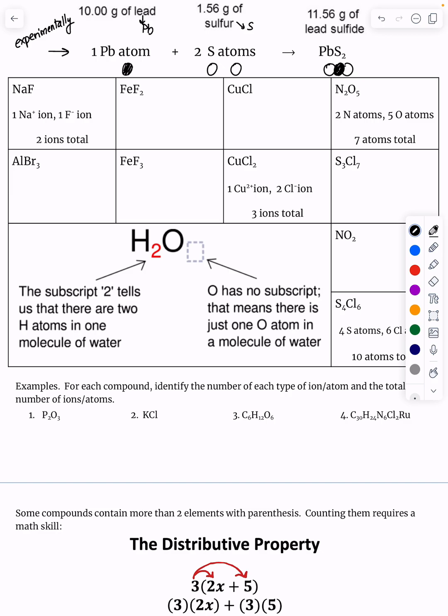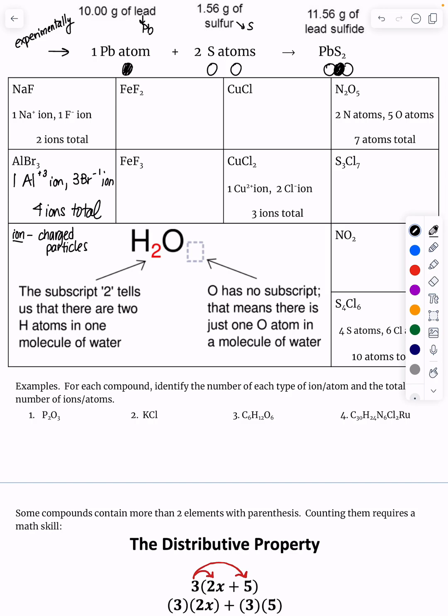When we did AlBr3, there's one Al3+ ion and 3 Br- ions, which gives us a total of 4 ions. And again, just if we forgot what an ion is, vocabulary: they are charged particles.